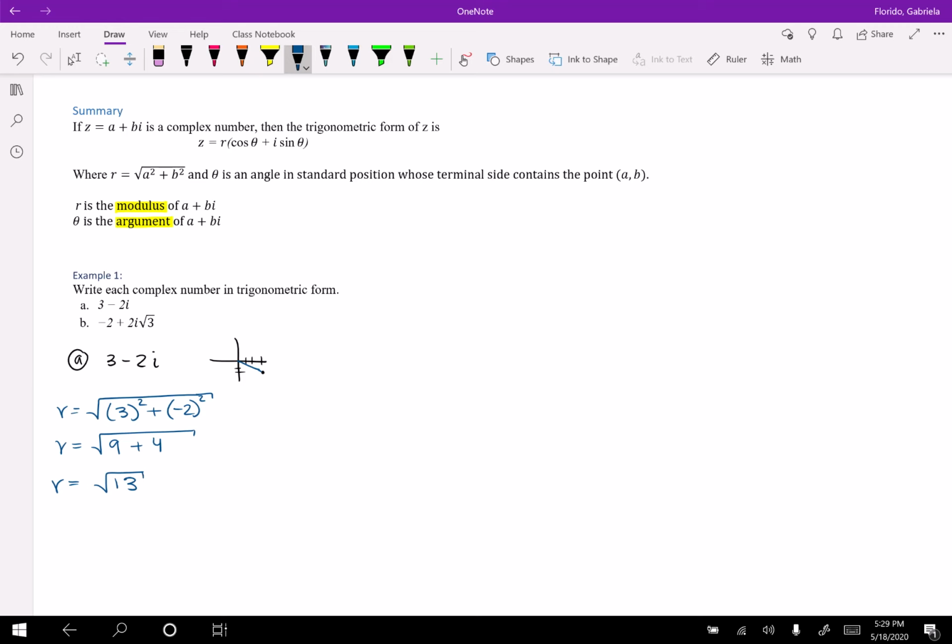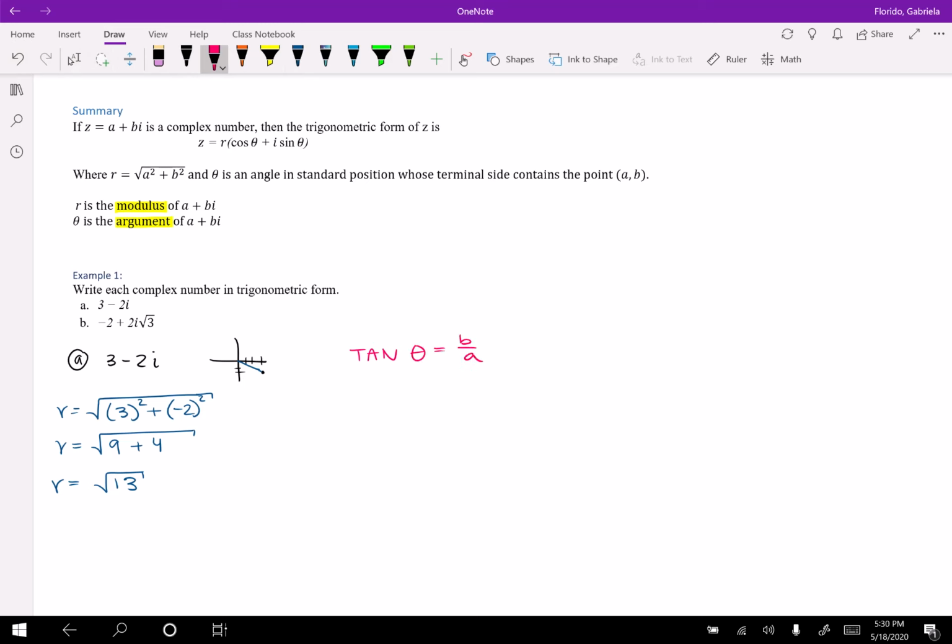Now we have to actually find the angle theta. I'm going to keep it consistent and call this theta as well. So we know that we can use tangent: tangent of theta is equal to b over a.